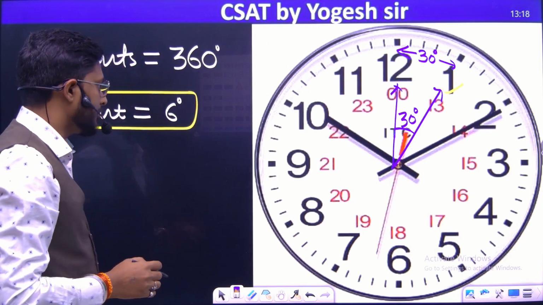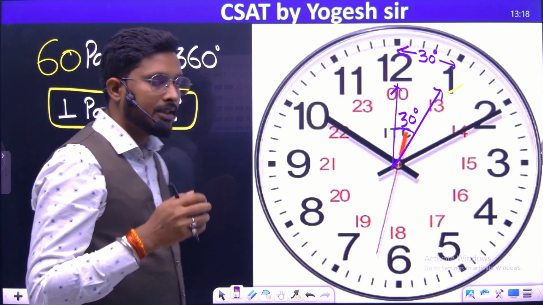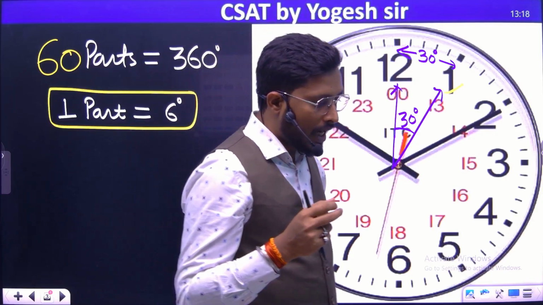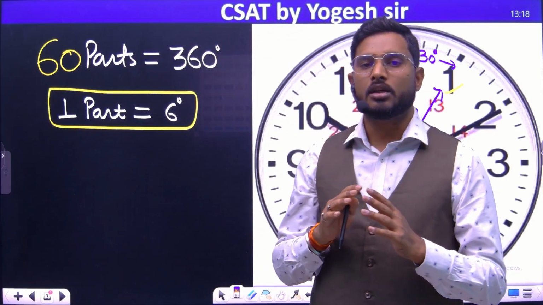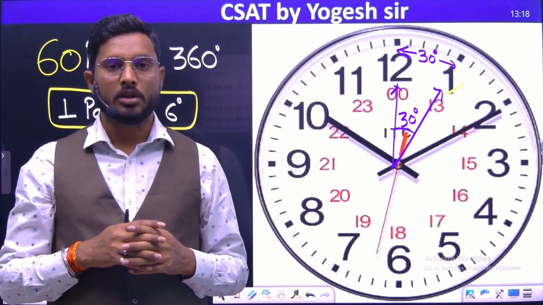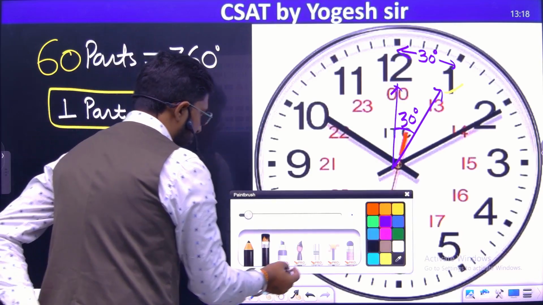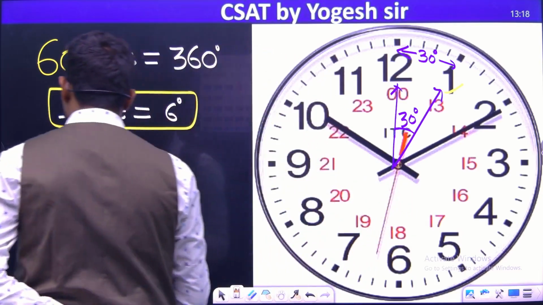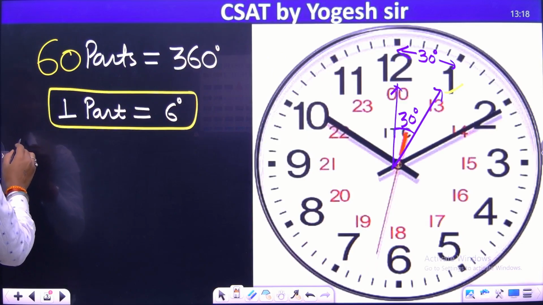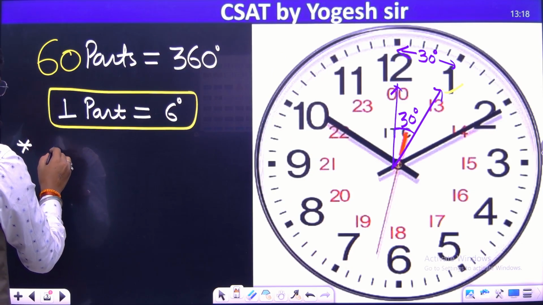So if the angle between two numbers is 30 degree, you can understand that the angle between any two consecutive numbers is 30 degree. So I am writing that and you have to copy that. That is the most important concept.